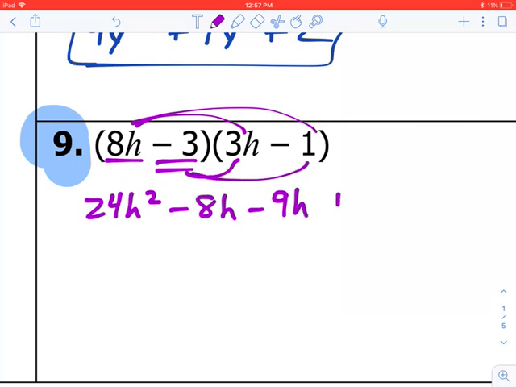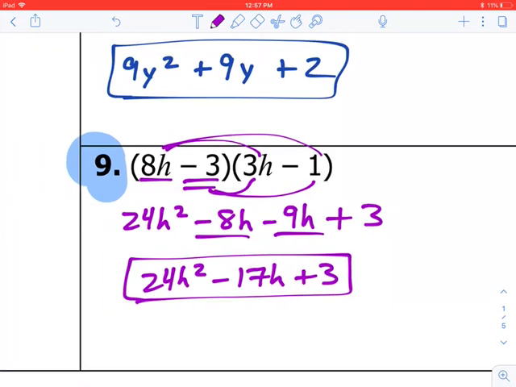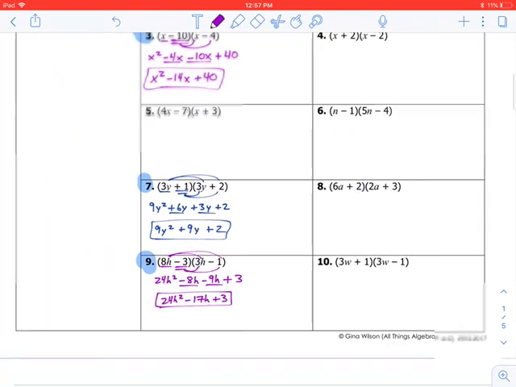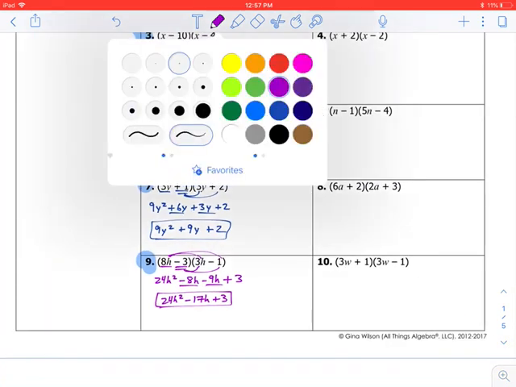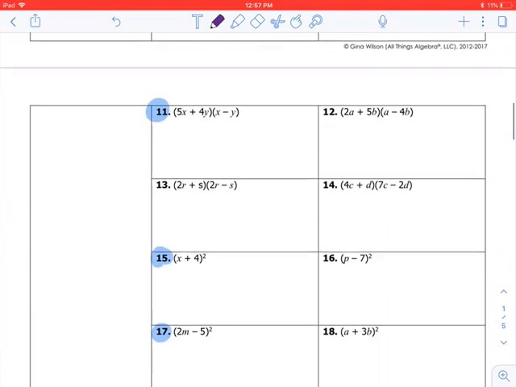Negative times negative is positive 3. And so we've got 24h squared negative 17h plus 3. And there we go. So that's binomial times binomial. Make sure to multiply the first times both, the second times both.